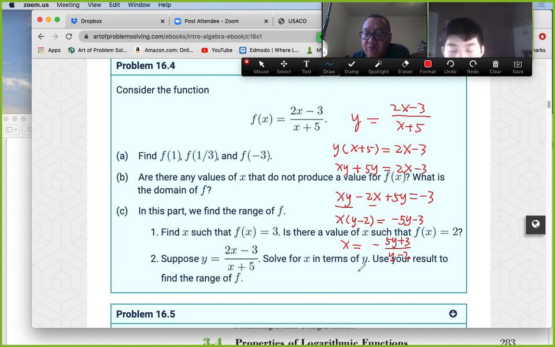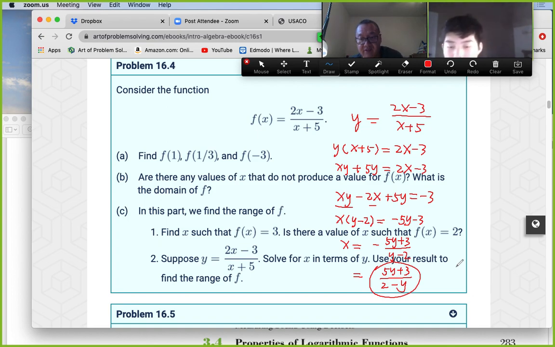You can also make this one as 5y plus 3 over 2 minus y, meaning you multiply each term of the denominator by negative. You get negative y and positive 2. So this is what they ask you to find.